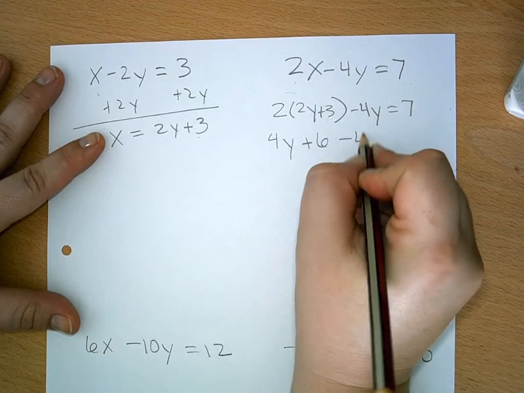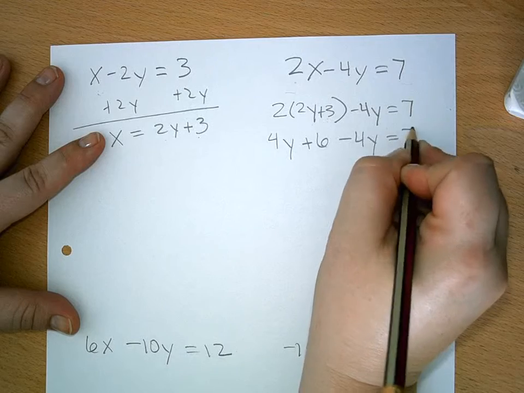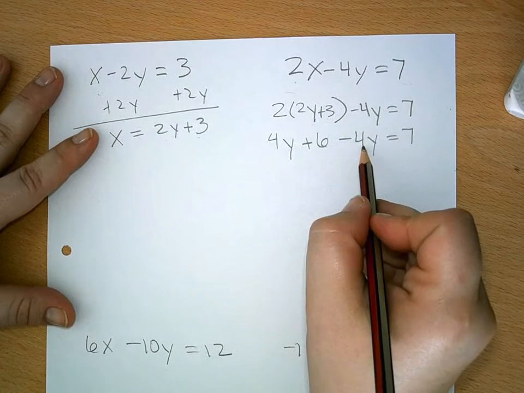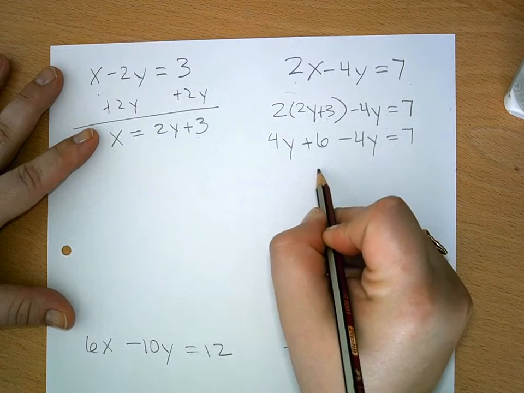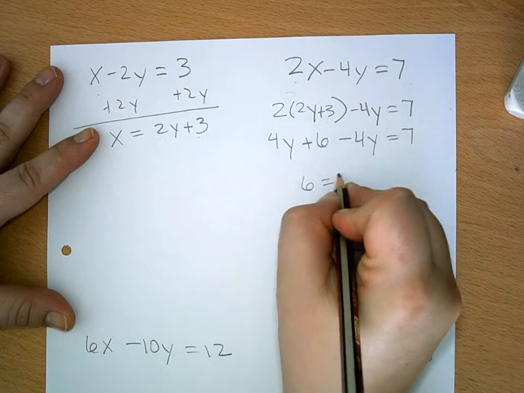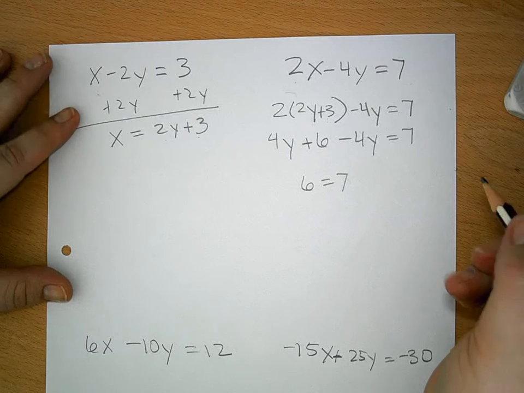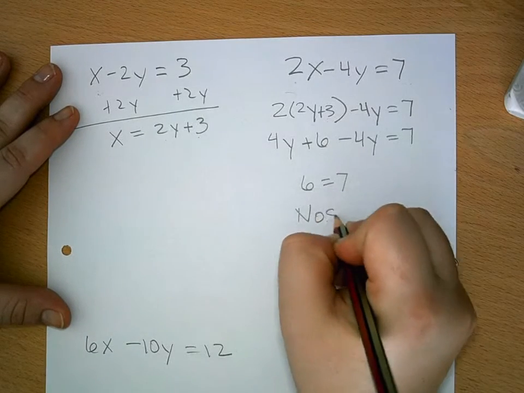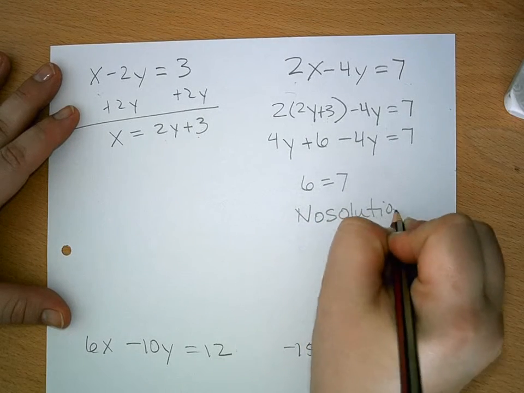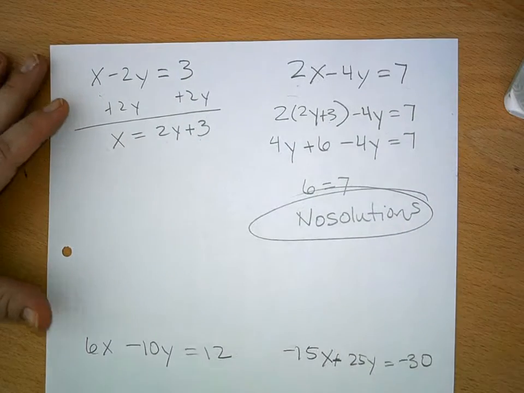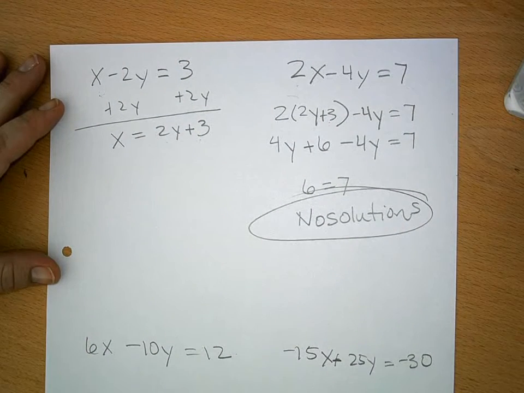Distribute. Now, look what happens. We get that 6 equals 7, which is actually not true. So I know algebraically, since I reached a false statement, we're going to have no solutions.